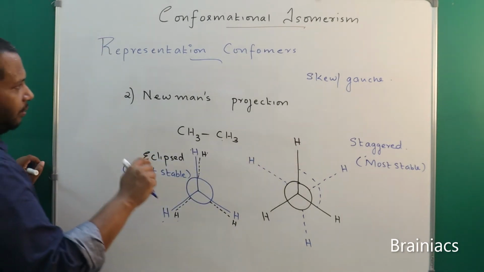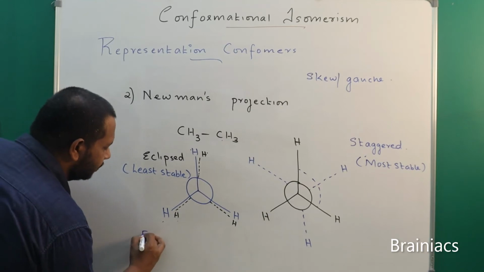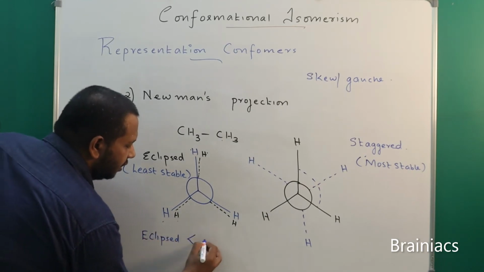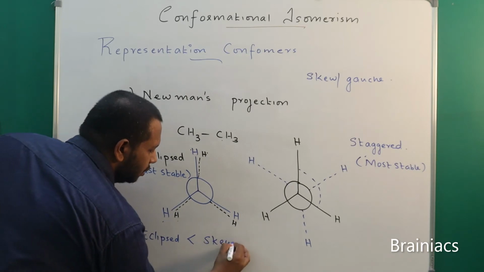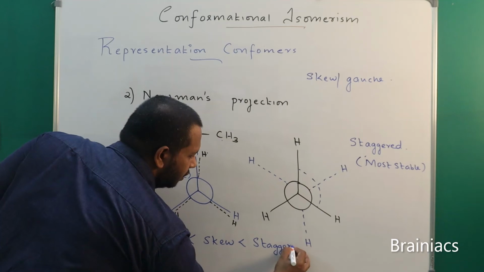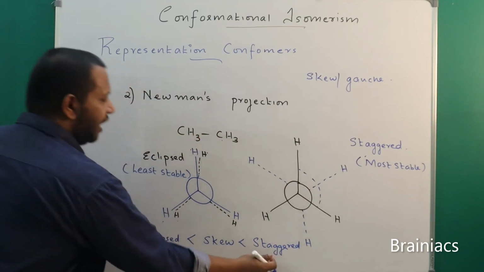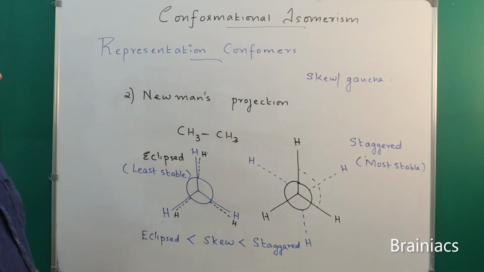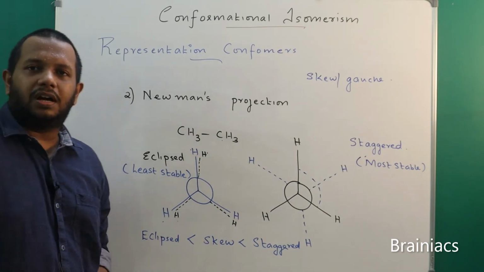So our order of stability is eclipsed, then skew, then staggered. Staggered is more stable than skew, and skew is more stable than eclipsed. I hope you understood this concept.